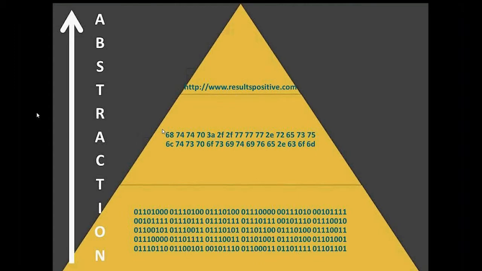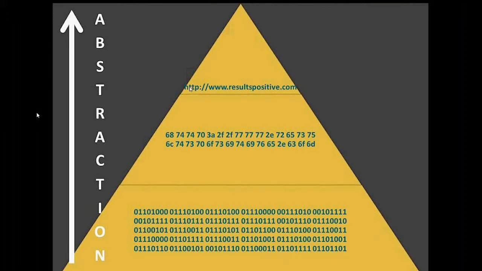Why is this important? It's important because you need to understand the notion of abstraction. Humans don't speak ones and zeros very well, or most of us don't. And all but assembler programs really aren't the greatest at hexadecimal, which is what this is called. But a lot of us do speak words, English, decimal numbers.